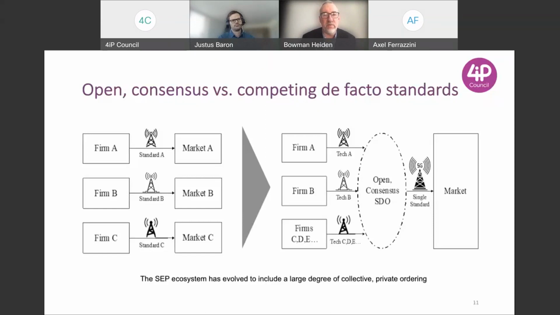So we're moving from this kind of market-based competition to a standard-based consensus organization where firms compete on the technology market to get their technology included in the standard, but then one global standard is created towards a global market. So it's important to understand from the beginning that the SEP ecosystem has evolved to include a large degree of collective private ordering, and that has a major impact already on how markets operate and on further subsequent policy interventions.